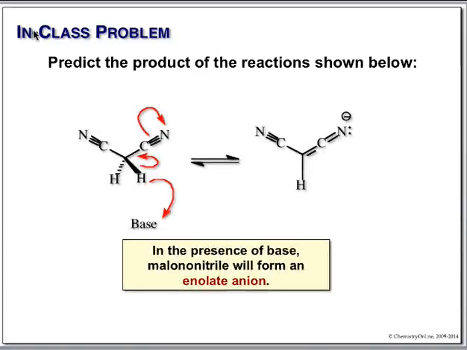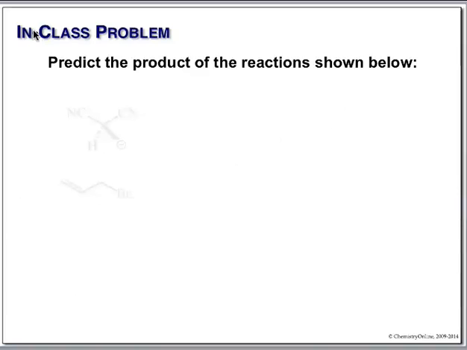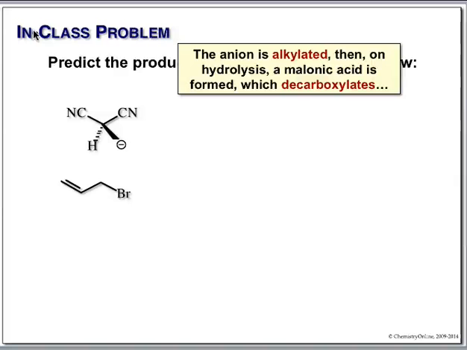So that's our enolate. This is going to be our nucleophile. It's going to attack allyl bromide. So here we go. Simply going to attack. And we've made our malononitrile with our 3-carbon chunk attached. Everyone happy with that one?